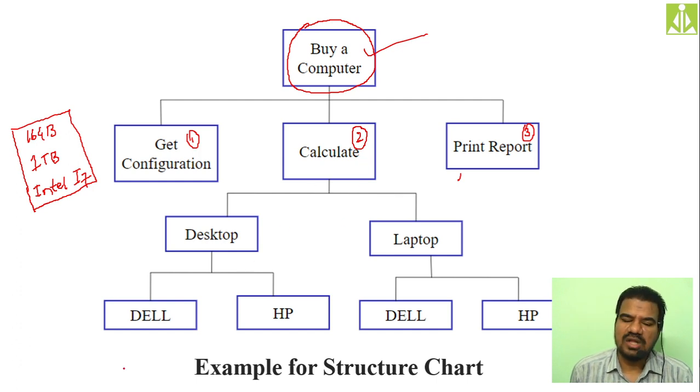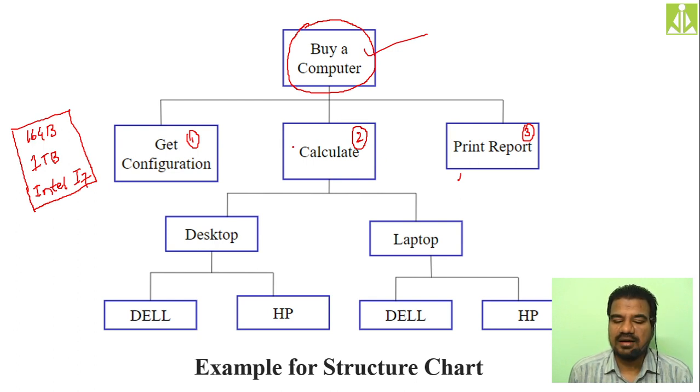So this is just a simple example I have taken. This type of scrutiny and analysis will be done for actual problems as well. Next, for a desktop, when it is Dell or when it is HP, of course your calculation is going to be affected. For a laptop, when it is Dell and when it is HP, same thing, the calculation is going to be affected.